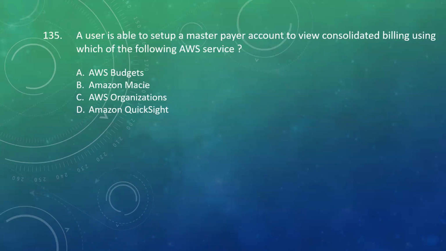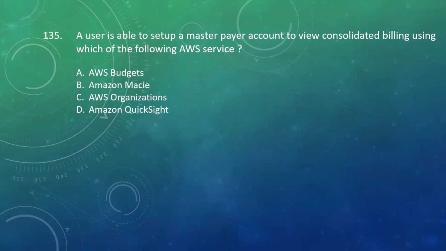Moving on to question number 135. A user is able to set up a master payer account to view consolidated billing using which of the following AWS services? Your options are AWS Budgets, Amazon Macie, AWS Organizations, Amazon QuickSight.